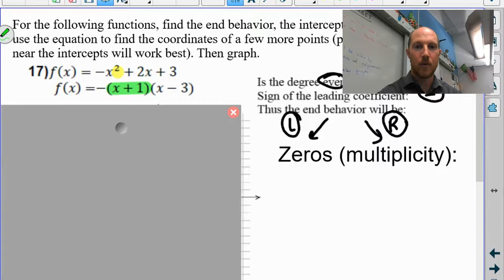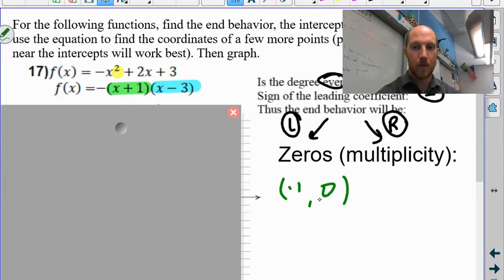Let's find some x-intercepts, or zeros as they are called here. And so we've got a green factor. Let's look at that one first. The green factor is going to give me an intercept at coordinates -1, 0.